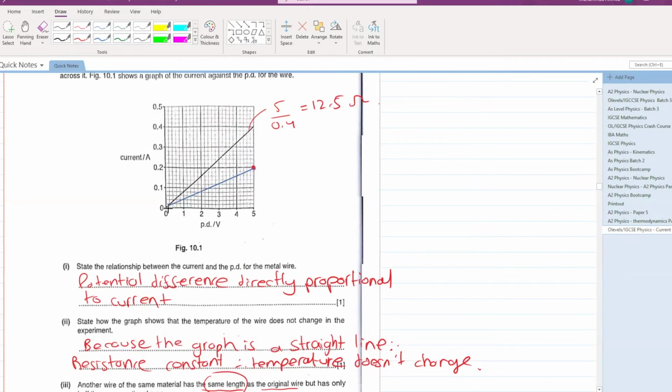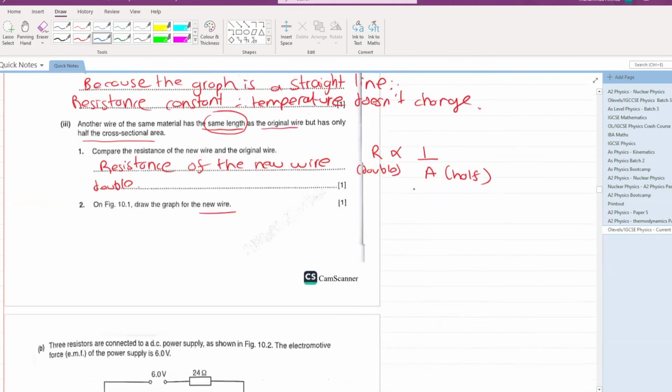If you calculate the resistance of this wire, resistance is equal to voltage, that is 5, divided by current, that is 0.2. So 5 divided by 0.2 comes out to be 25. Yes, the new wire has double the resistance of the initial wire. So yeah, this graph is correct.